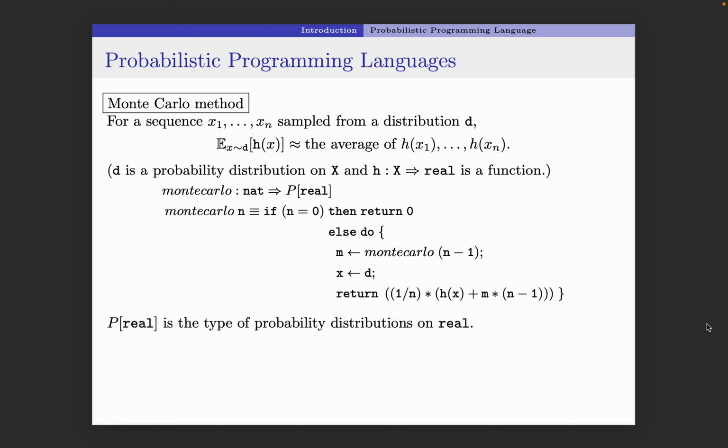Note that this program is higher order with respect to the function h. We expect the property that the greater n is, the closer Monte Carlo n is to the expected value. We will prove this property later.